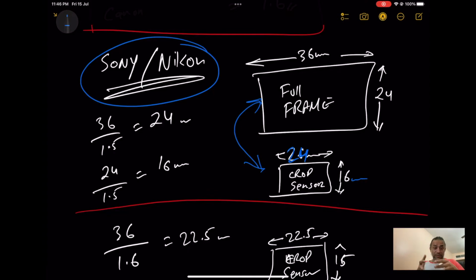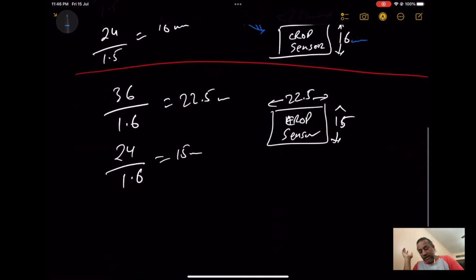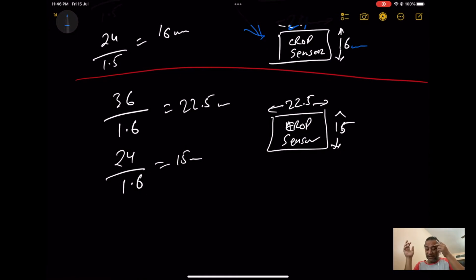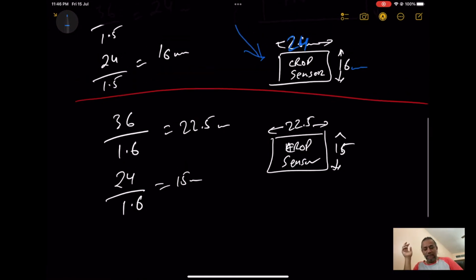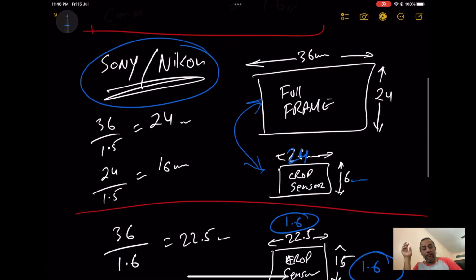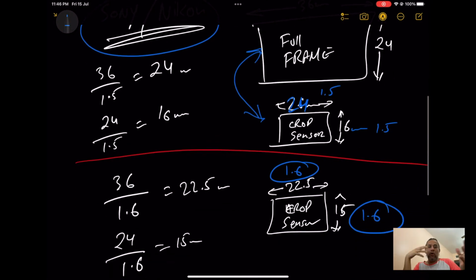The same goes for Canon, at 1.6 times. The 1.6 factor is multiplied over here and over here. Same goes for the 1.5 factor for Nikon and Sony, applied on the width side and on the length side. So now you know how it goes.